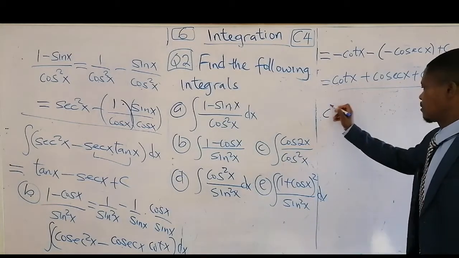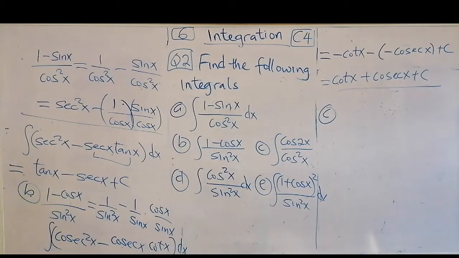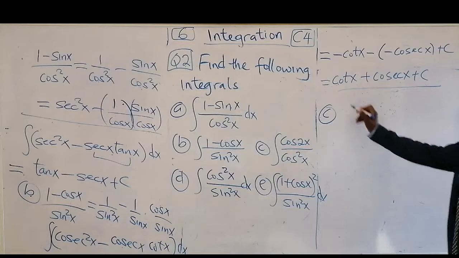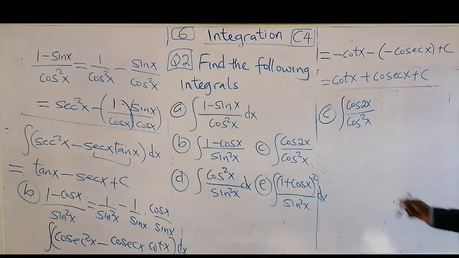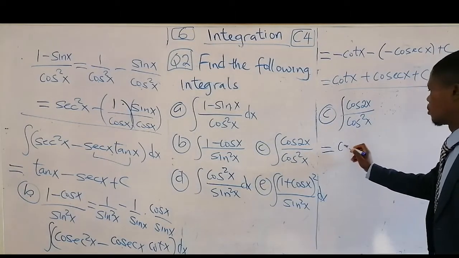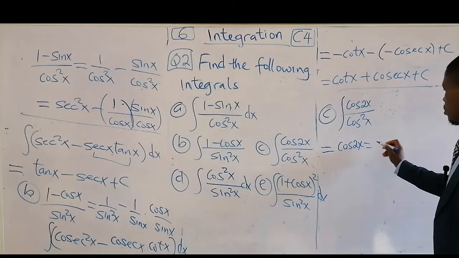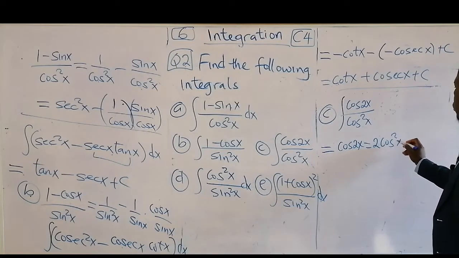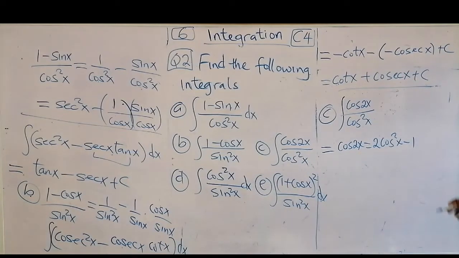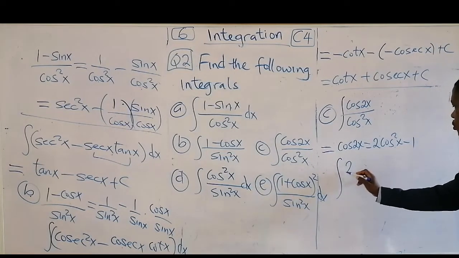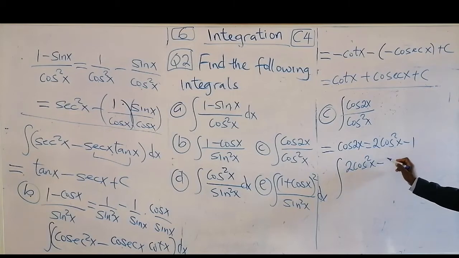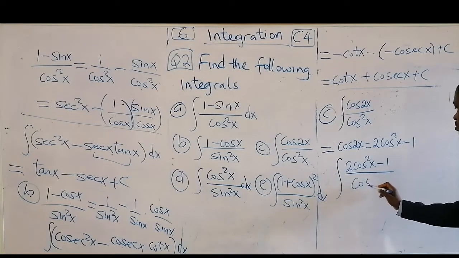The c part, the integral of this. We know that cos 2x is equal to 2 cos square x minus 1. So we want to remove the double angle so that the numerator and denominator are of the same form. We now have the integral of 2 cos square x minus 1 over cos square x.